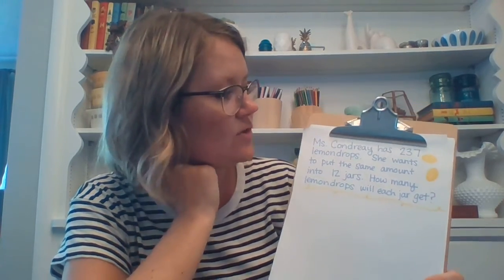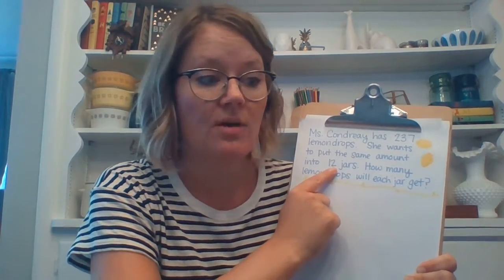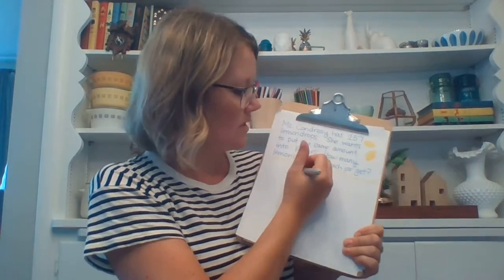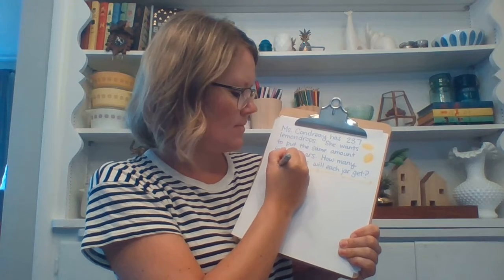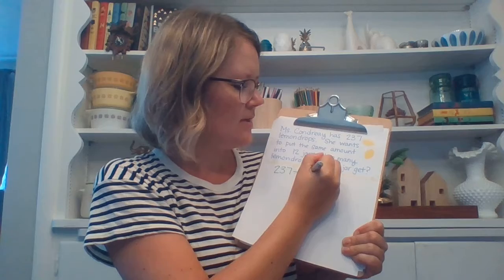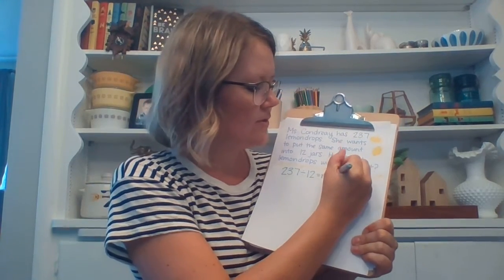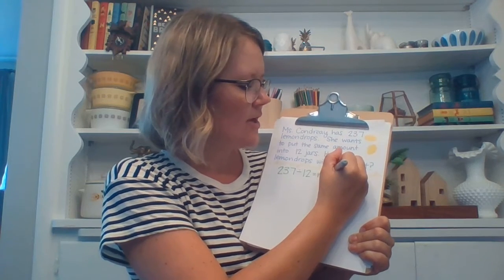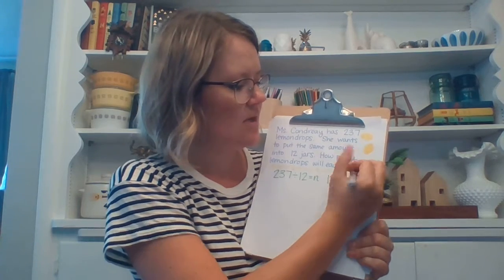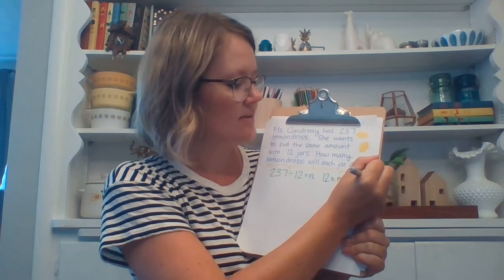There's 237 lemon drops. She's going to divide them up into 12 jars, and we want to know how much each jar will get. So I'm going to write the equation: 237 divided by 12 equals, I'm going to put an n there for the answer. We can also flip that around and say 12 jars times some number of lemon drops will get us to the total number of lemon drops, which is 237.